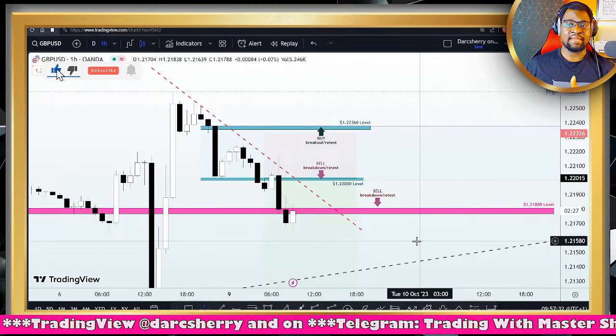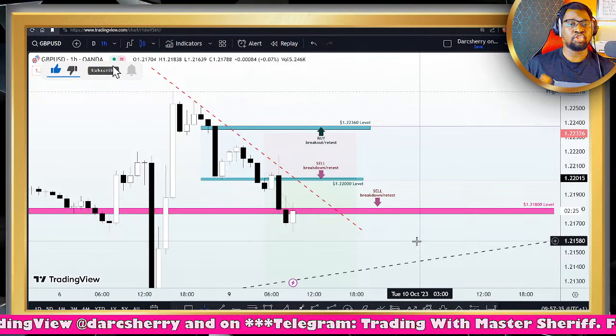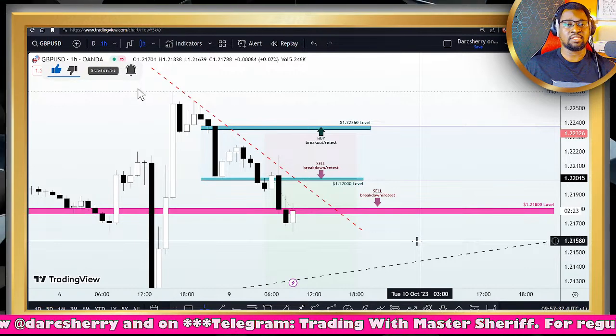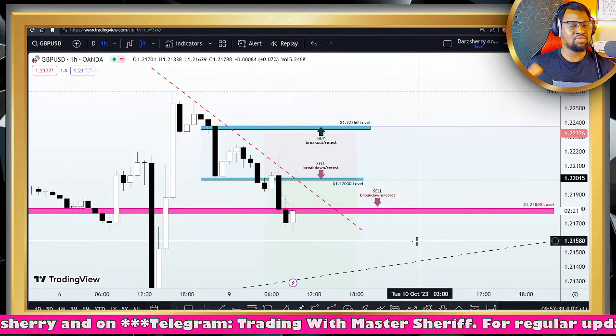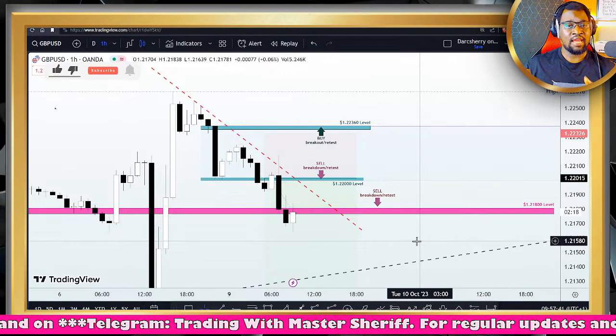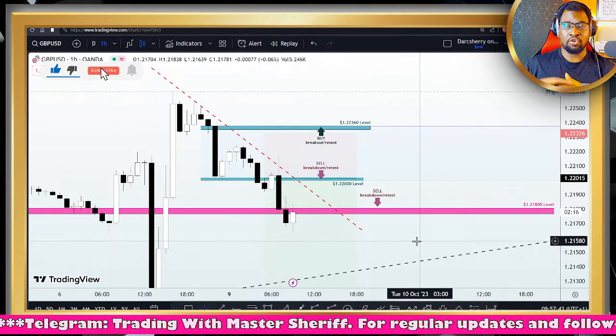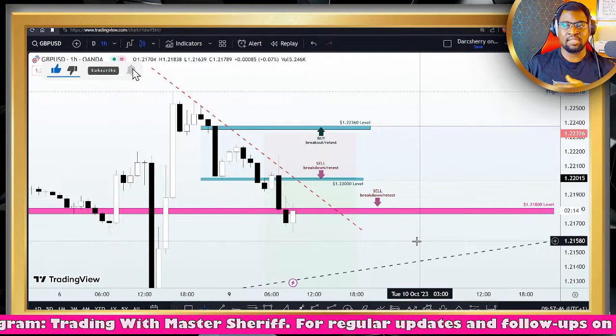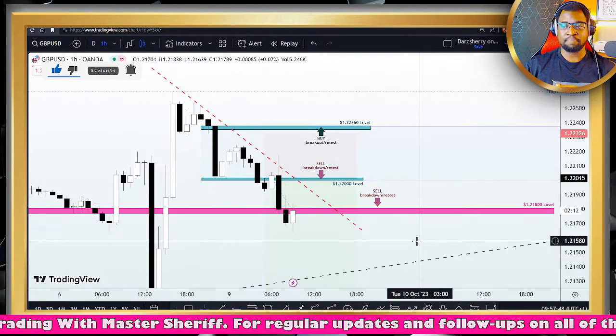In that regard, it makes quite a lot of sense to put your GBP funds in the US dollar. As a result, we are likely going to see positive traction in favor of the US dollar. So that is one fundamental reason why I have sold this morning.